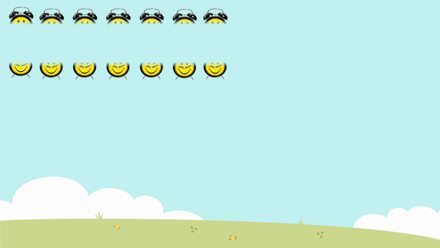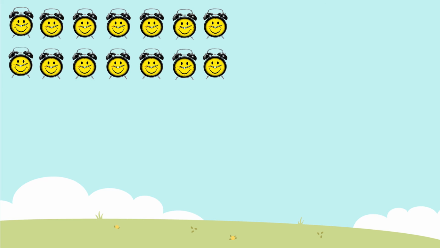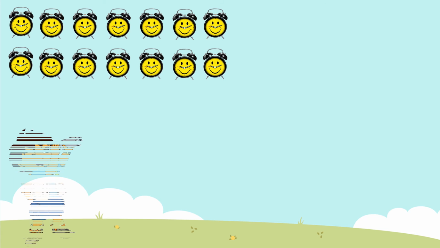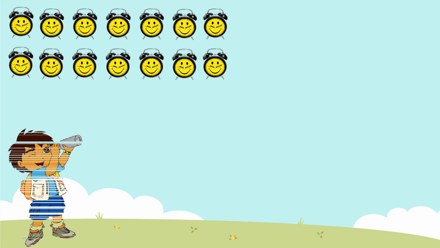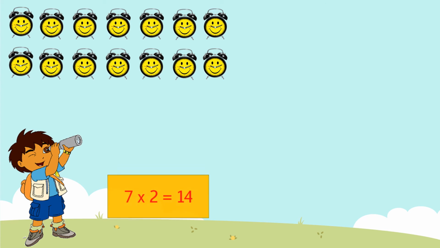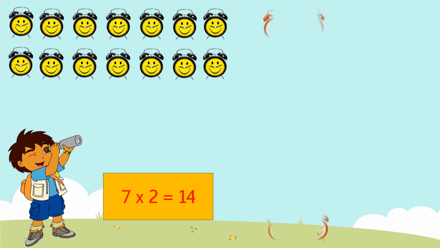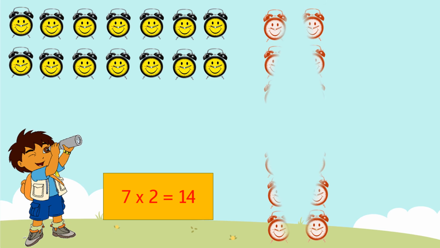We have 7 clocks in a row taken twice. That means 7 twos are, which gives you 14. Now let us interchange the numbers, and we have 2 multiplied by 7. 2 taken 7 times.